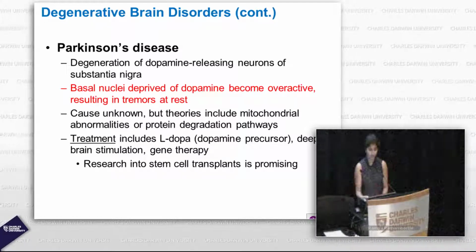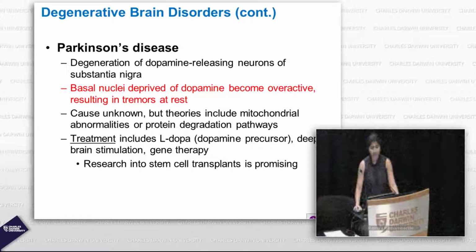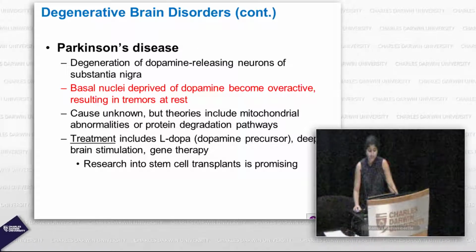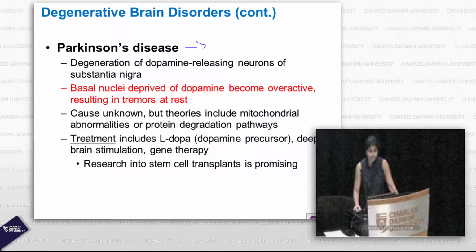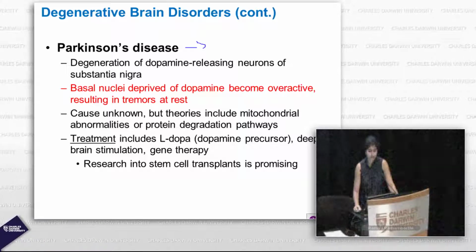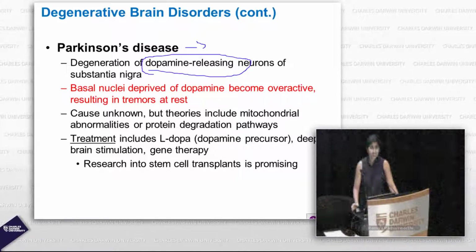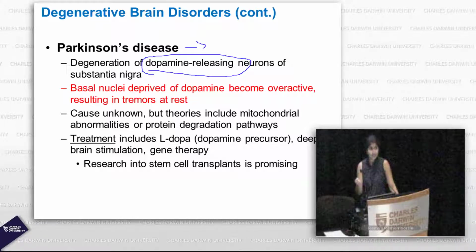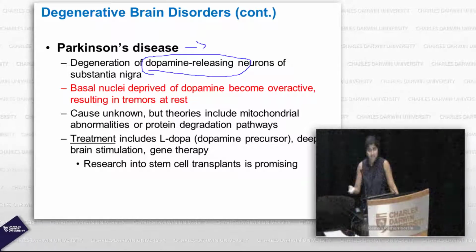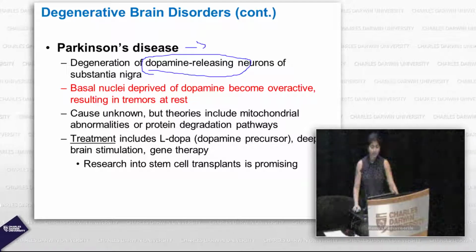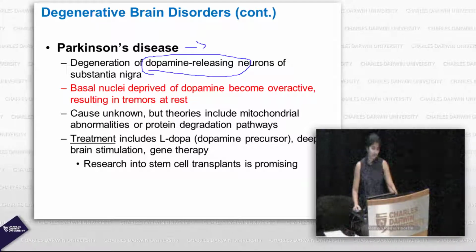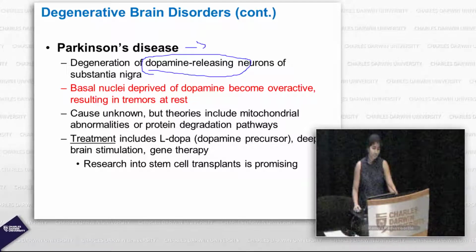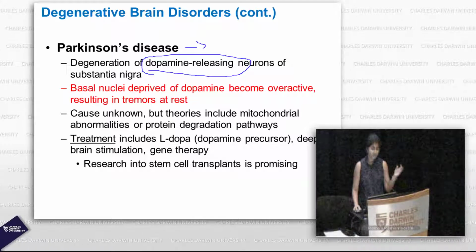So Parkinson's disease, this involves degeneration of your dopamine receptors. So basically, there are some similarities as I told you before. Both are neurodegenerative diseases. They degenerate over time and both of them involve basal nuclei. But what is unique with the diseases is, for example, Parkinson's disease, it's deprived of dopamine.